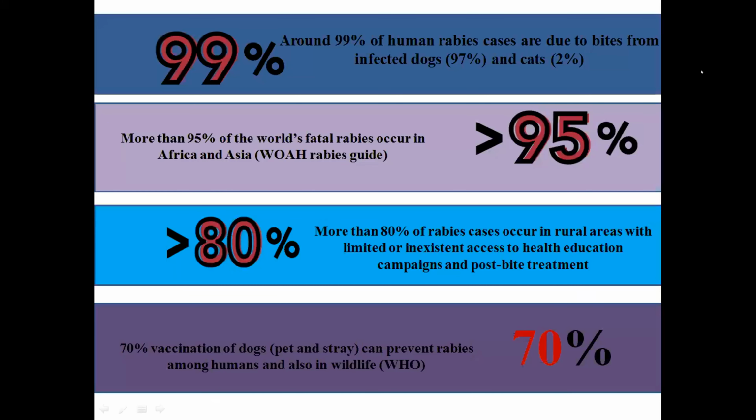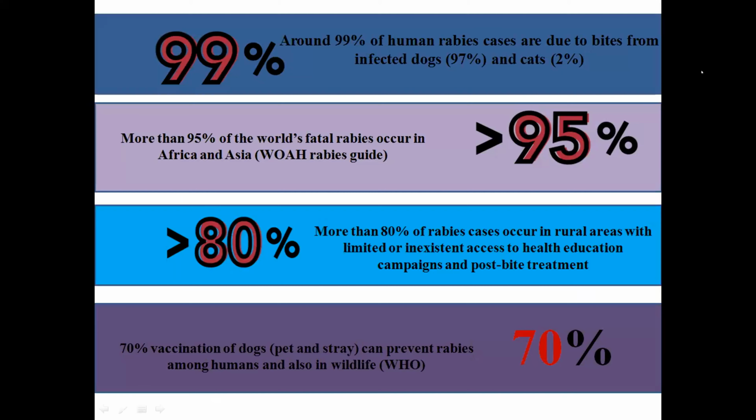Now coming to some salient features. 99% of human rabies is caused due to dog bites and cat bites. 97% due to dogs, and 2% due to cats, and 1% due to wild animal bites. More than 95% of the world's fatal rabies occur in Africa and Asia.